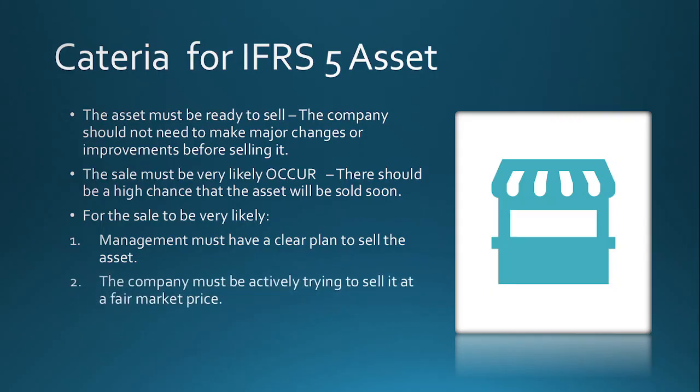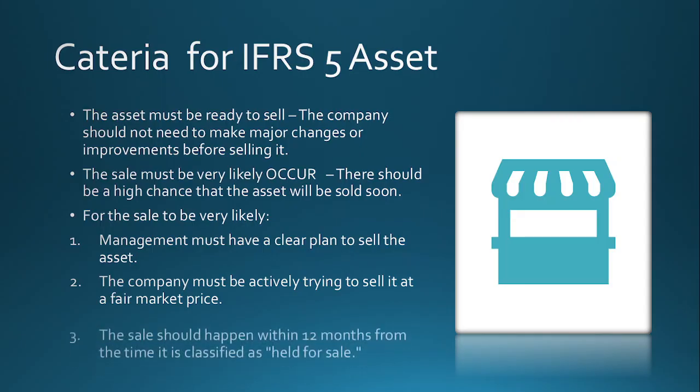And secondly, the company must be actively trying to sell it at a fair market price, which means that the entity must be making efforts to ensure that the asset is in the marketplace and that people know about it. So, we're talking about advertising costs, and about them looking for buyers.